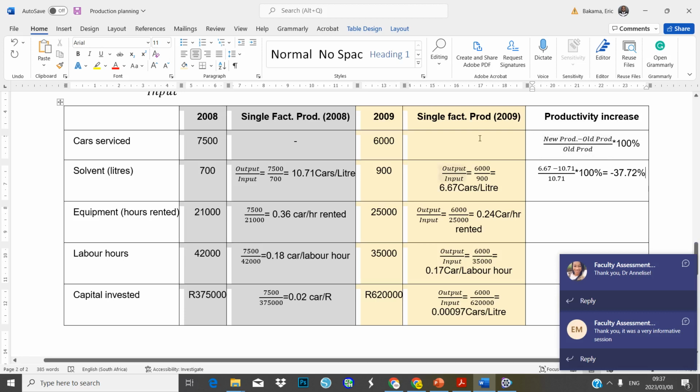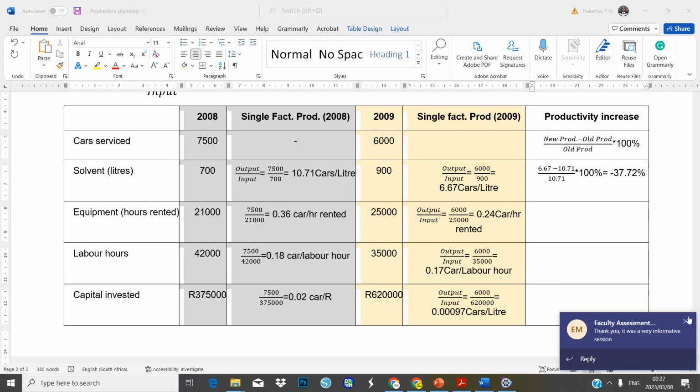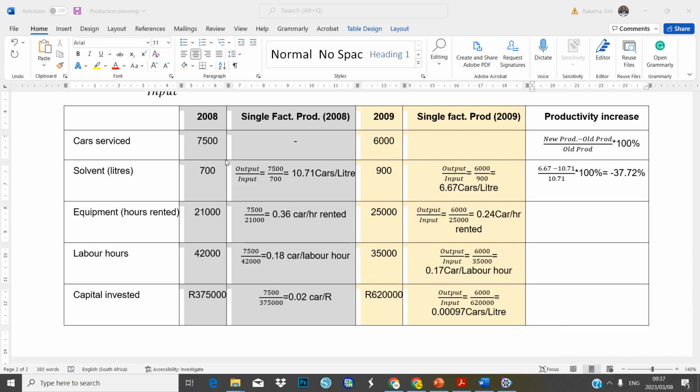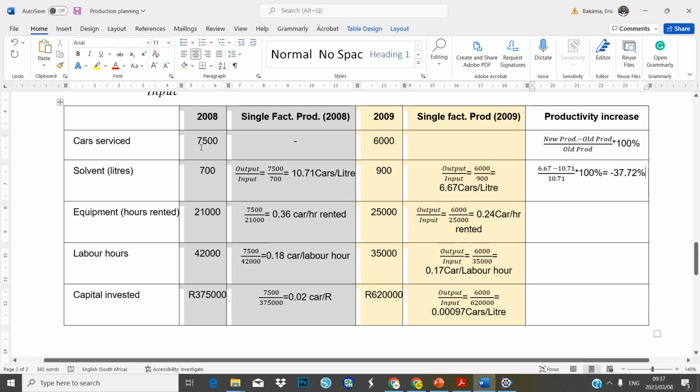With the new changes that they have made, it really affected the productivity of the company, because with 700 liters we were able to service 7.5, and now with 900, we are only able to service 6,000. So there's been a decrease of 37.